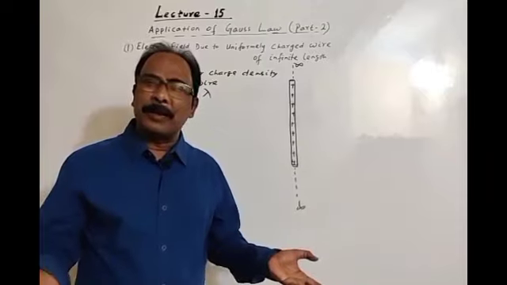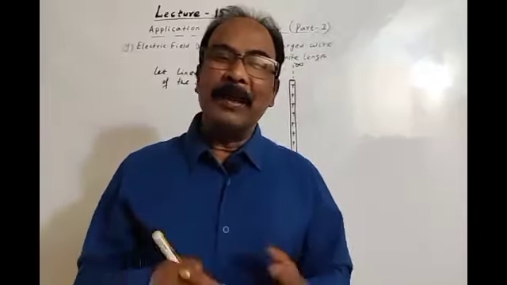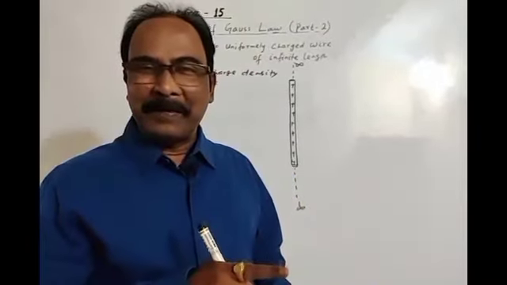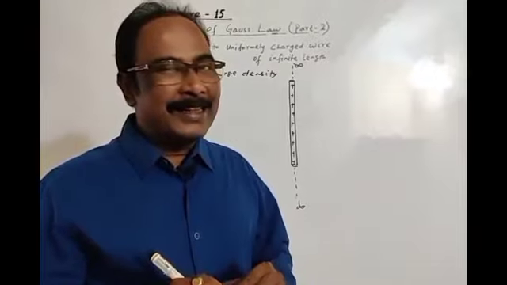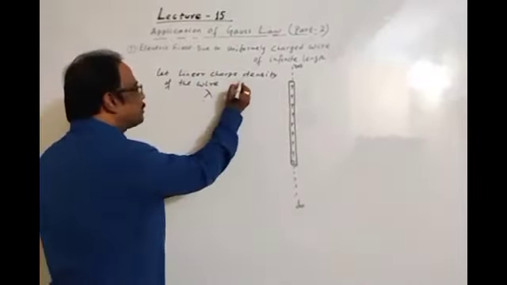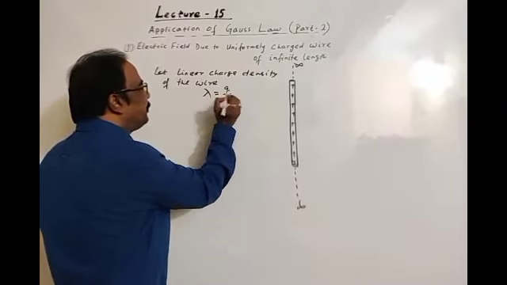Surface charge density means charge per unit surface area. Volume charge density is charge per unit volume. And here, linear charge density means charge per unit length. Let the linear charge density of the wire be lambda, which equals Q by L.